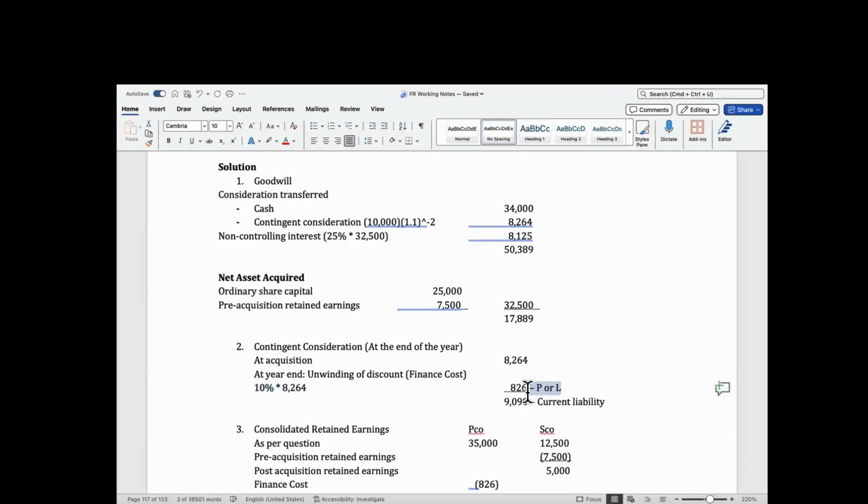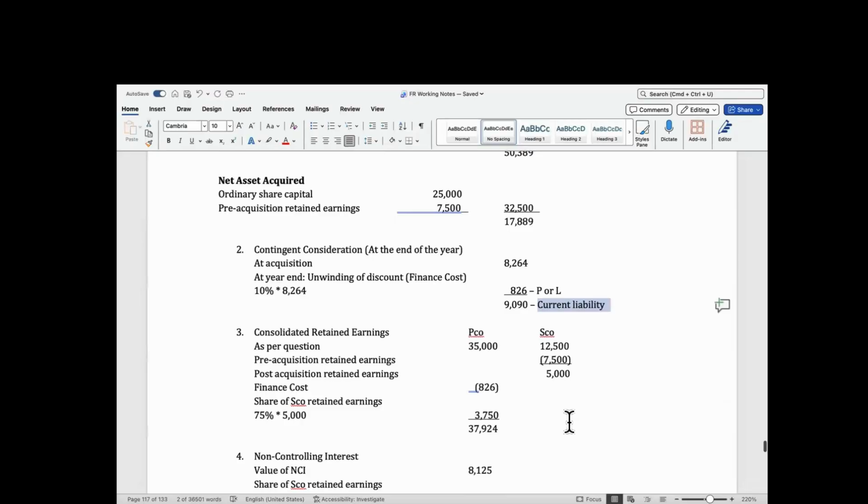By the time you add the two together, this contingent consideration, we are going to take it to our current liability as a liability, which should be consolidated. Then the retained earnings of the parent from the question is 35,000. From the subsidiary is 12,500.